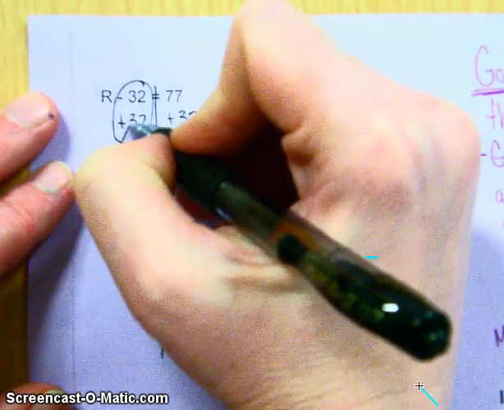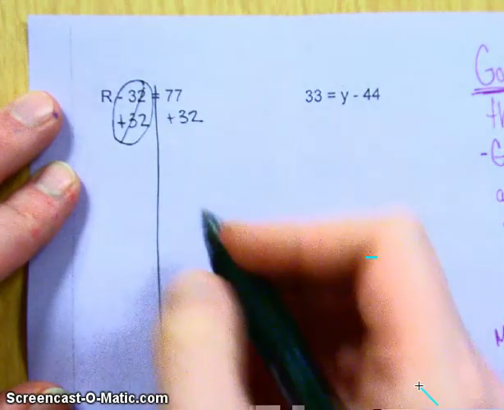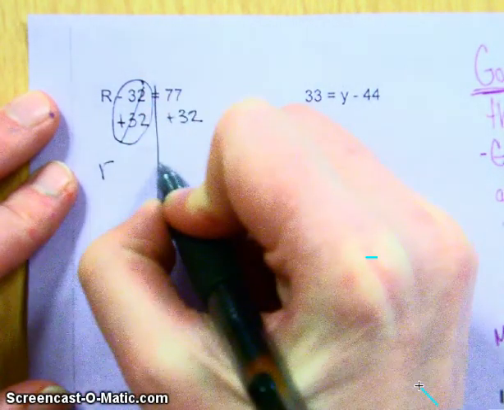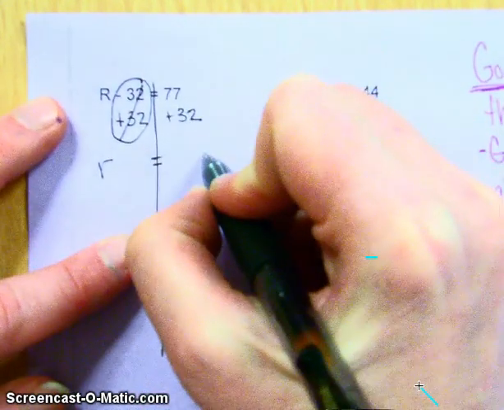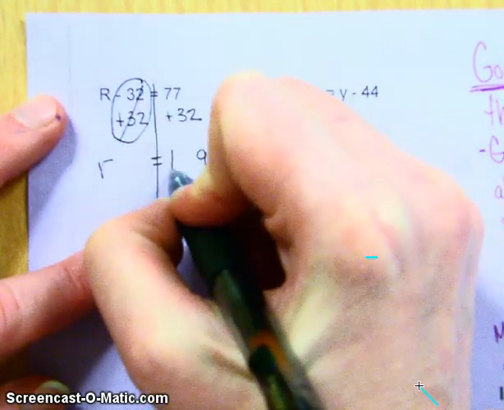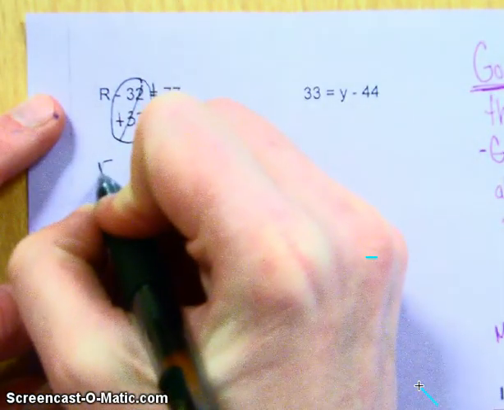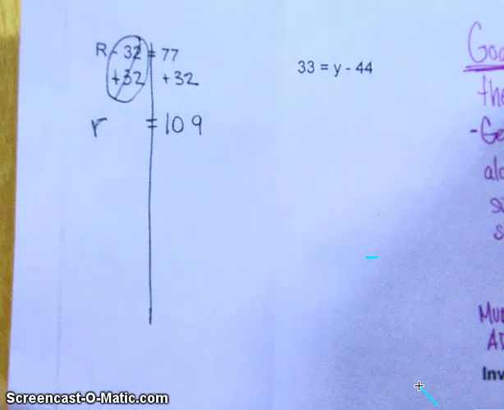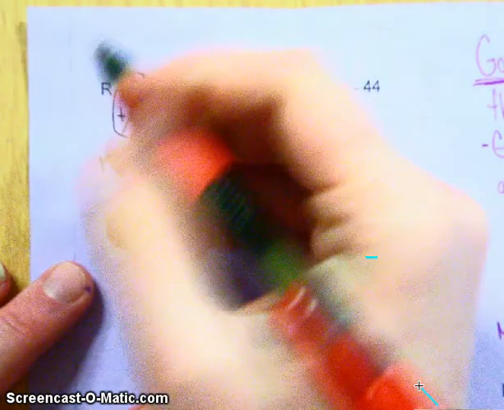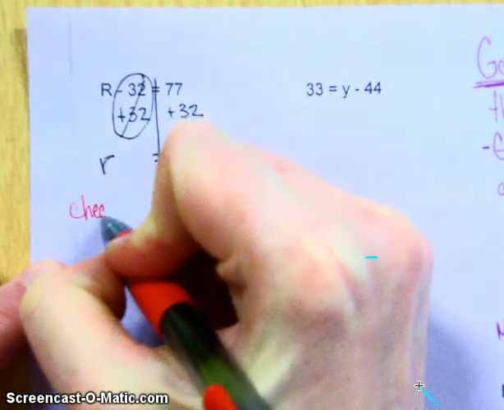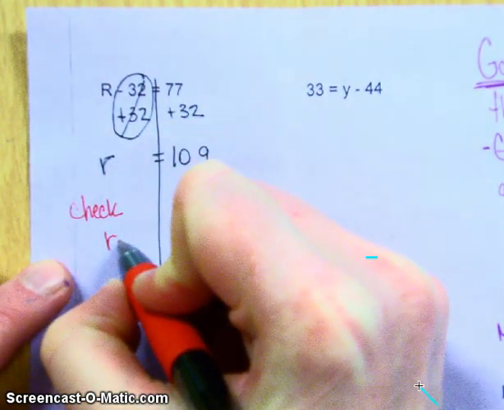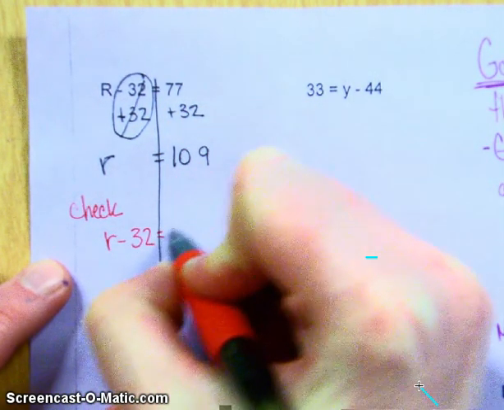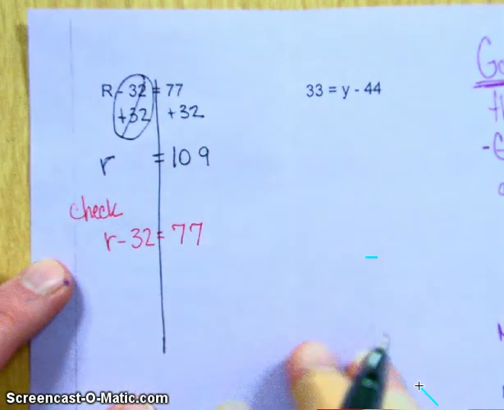Minus 32 and plus 32 together make 0. 77 plus 32: 7 plus 2 is 9, 7 plus 3 is 10. So r is equal to 109. To check, the original equation says r minus 32 is equal to 77.